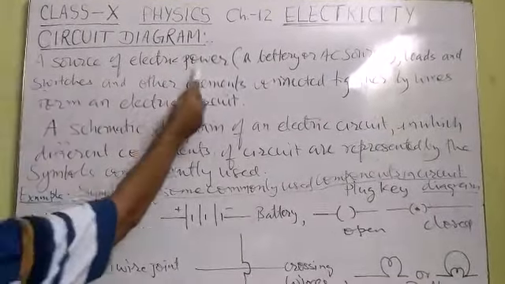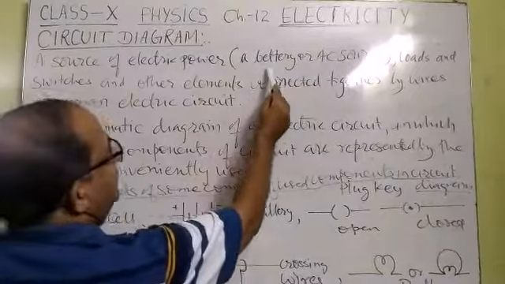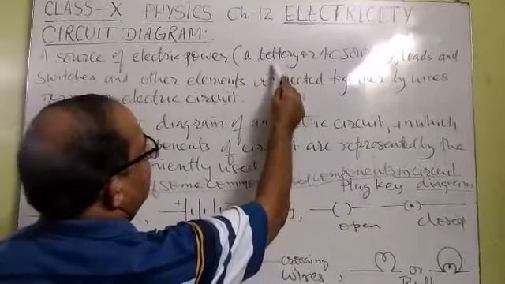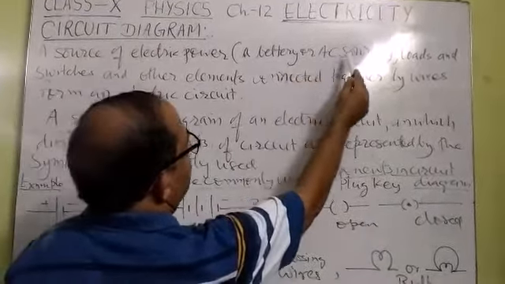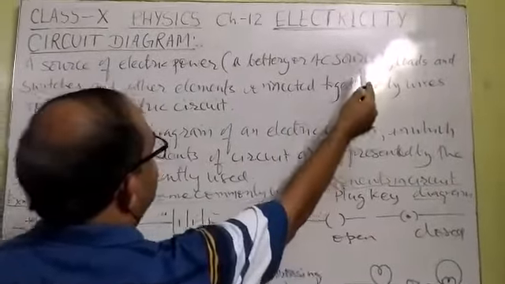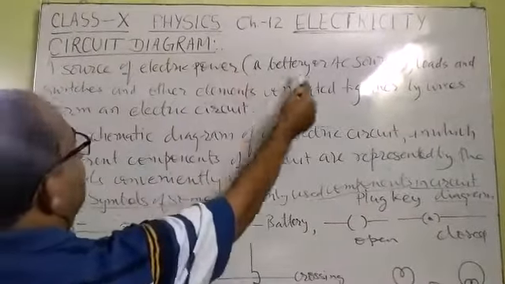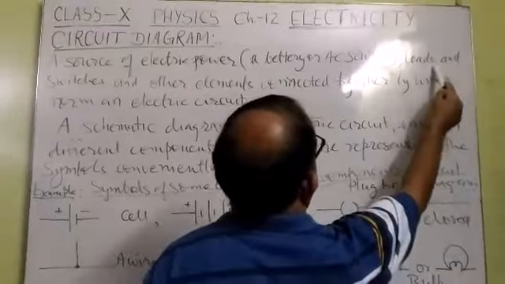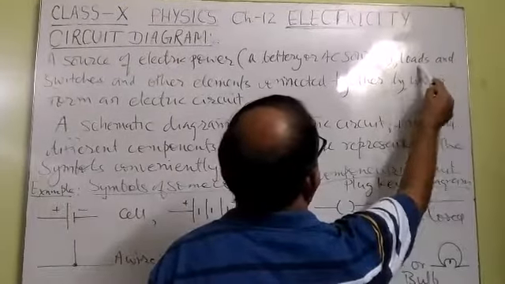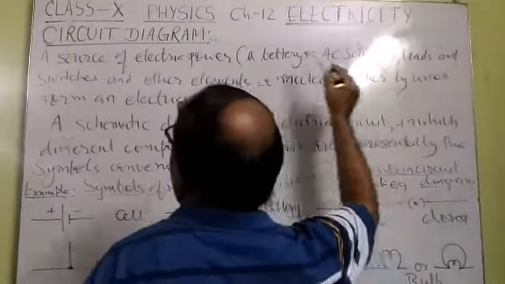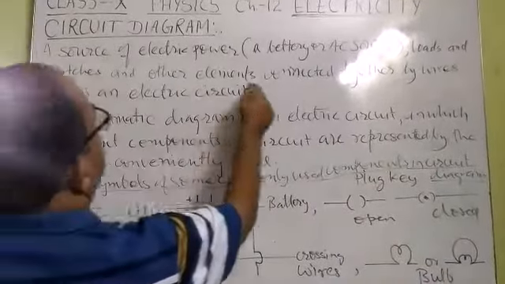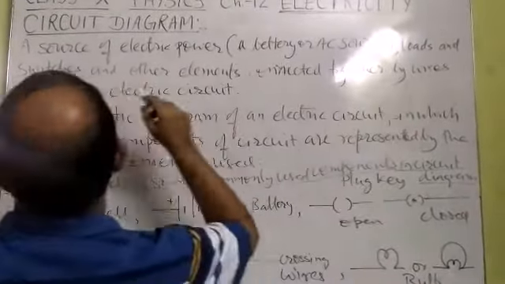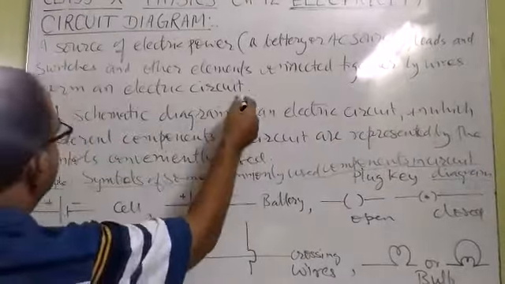A source of electric power, the battery or cell, is called a DC source, or sometimes an AC source, to which we generally connect all the loads, meaning electrical gadgets like a bulb, refrigerator, AC. These are called loads, and switches and other elements connected together by wire form an electric circuit.